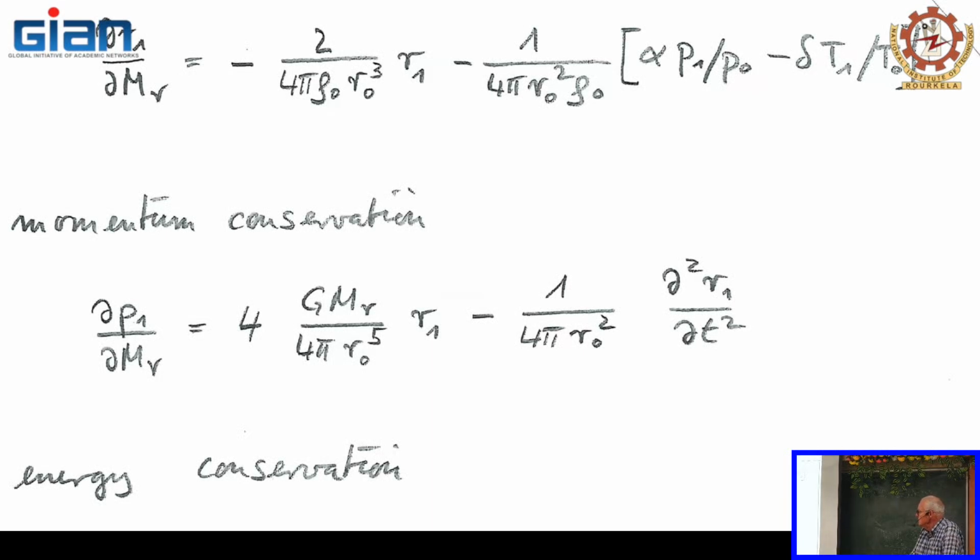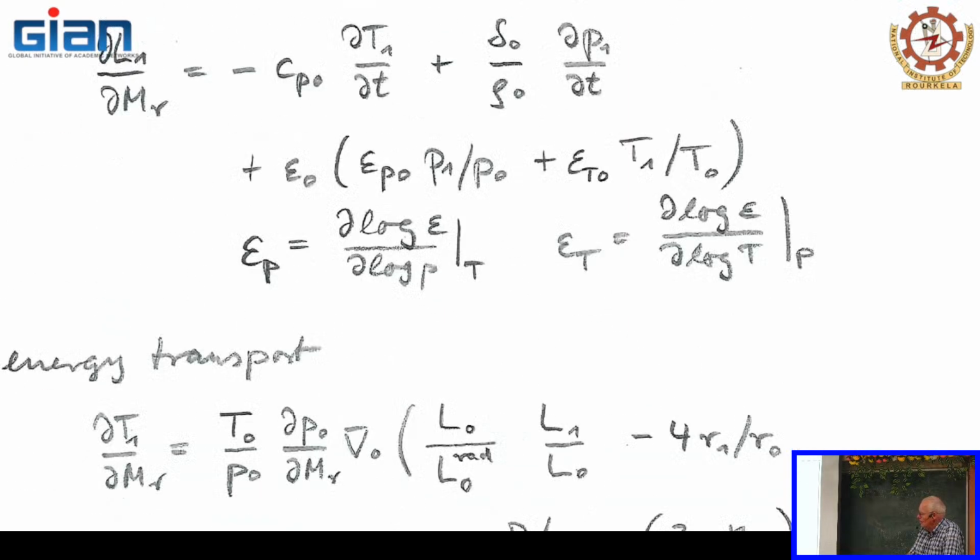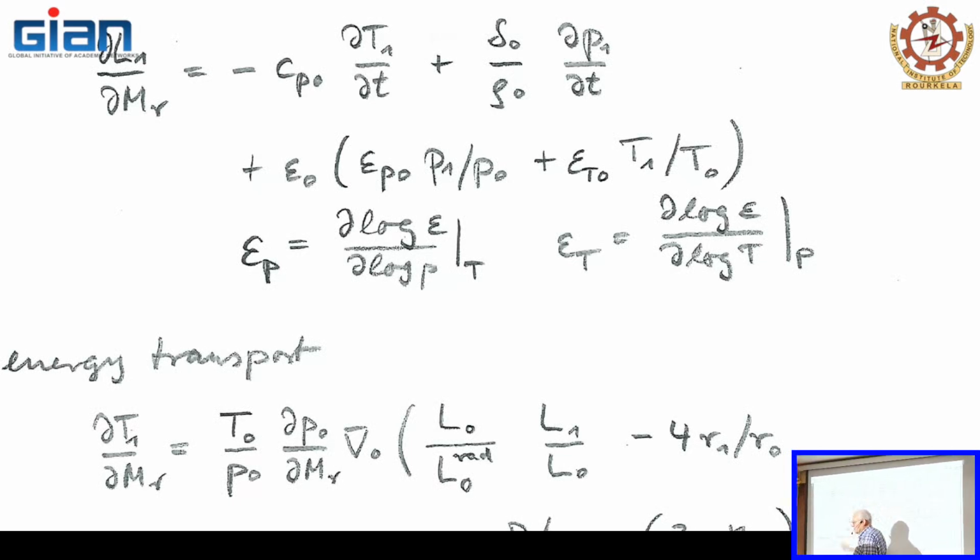Okay, energy conservation will be the next equation which needs to be linearized. Okay, this is the energy equation. So in that case, we have to linearize both the gradient of the luminosity. You recover the original equations here, and because the derivatives are again first order quantities, you have to take the derivative of the entropy, which is behind these time derivatives, with coefficients which do only depend on the hydrostatic model.